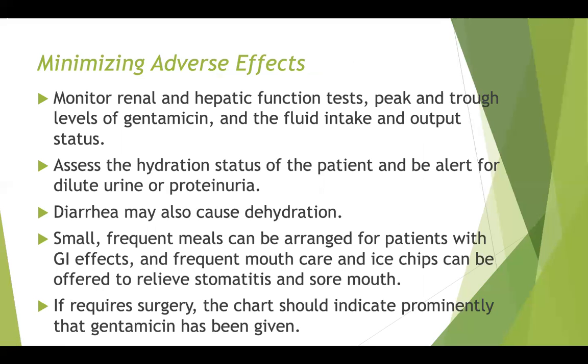So, still minimizing adverse effects, monitor renal and hepatic functions. Okay, because we have mentioned they are hepatotoxic and nephrotoxic. So it's always nice to monitor the renal and hepatic functions. Assess hydration of the patient and be alert for diluted urine or proteinuria. So the urine should be checked, it should not be diluted, and there should be no protein.